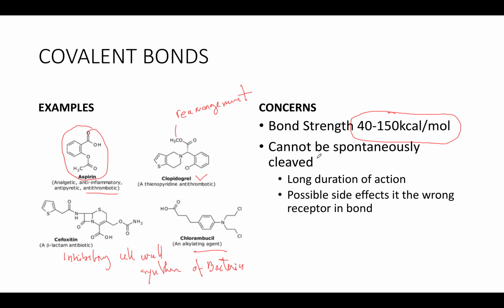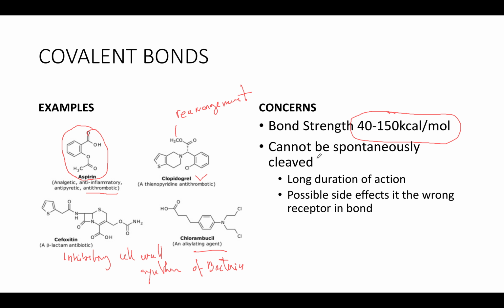However, when you have a covalent bond that is formed between a drug and a specific receptor, you actually need specific catalytic processes or the formation of new proteins and enzymes for that effect to wear off.